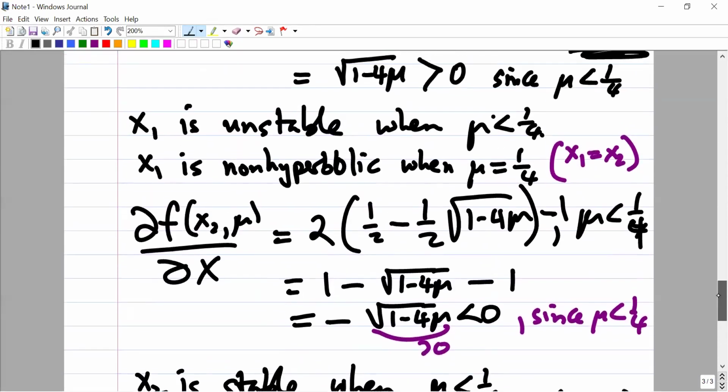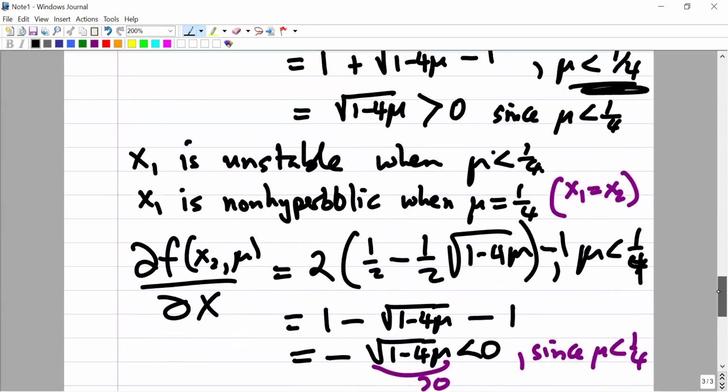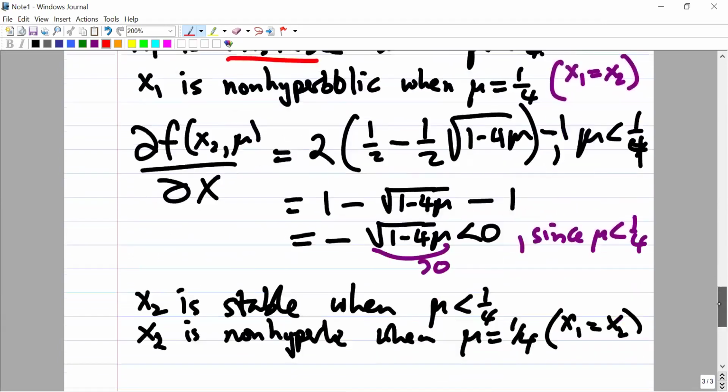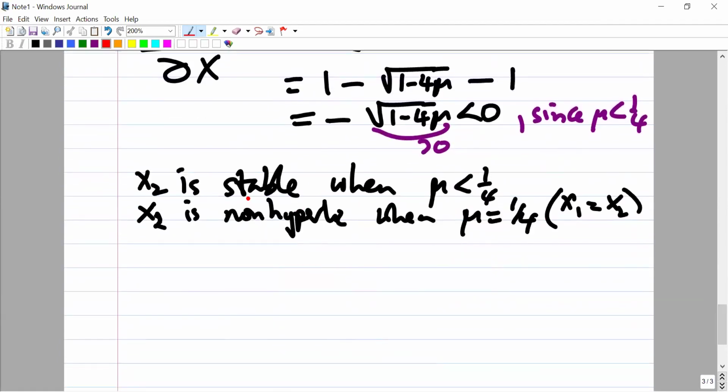But when mu is less than 1/4, x1 is unstable, and when mu is greater than 1/4, x2 is stable.